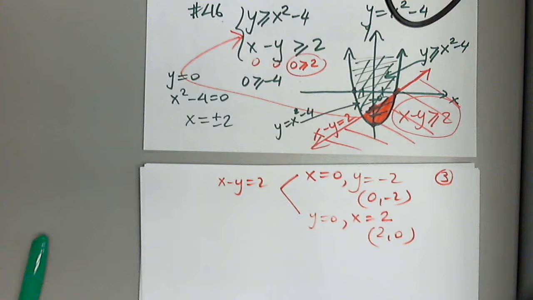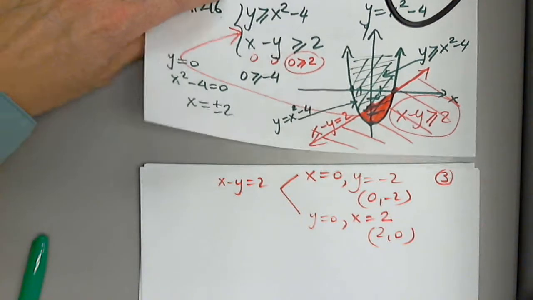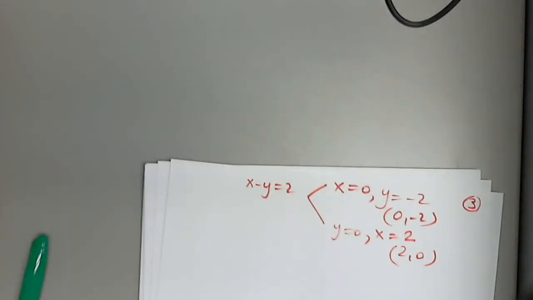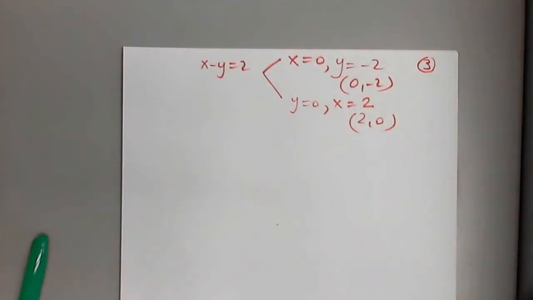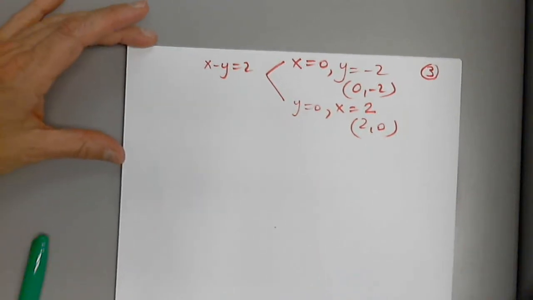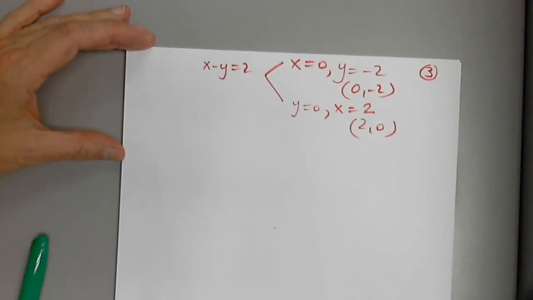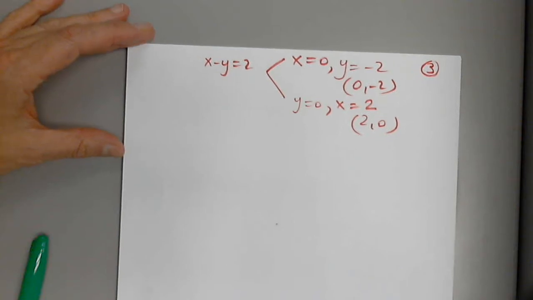Okay, so we are looking at 2 more sections before we start reviewing. One of the sections is 6.1, in which we will learn one method of solving systems that are linear, 3 equations, 3 variables.